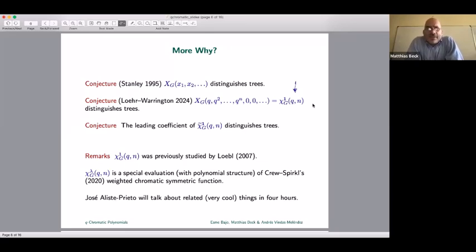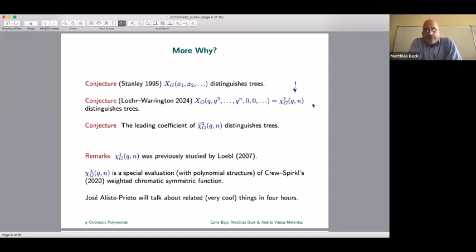I should also make some remarks about other things in the literature, and this is not everything. By all means, if you're interested in more background, check out our paper. Our function here, at least for the case where the linear form was all ones, was previously studied in a paper by Lobel in 2007. Maybe even more important is a recent paper by Logan Crew and Sophie Spirkl.